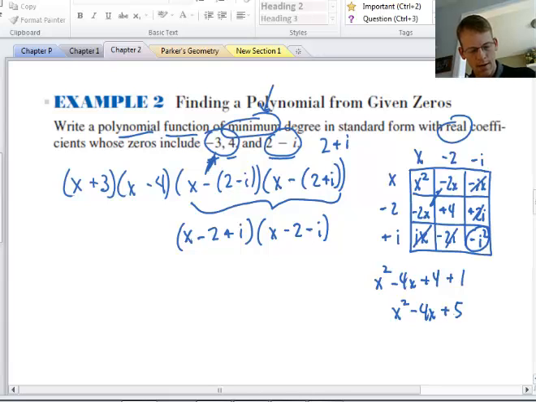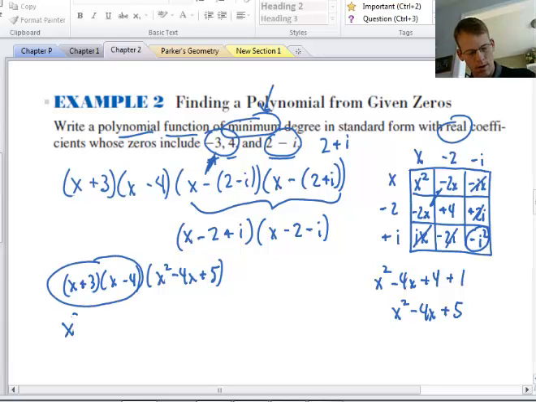Now I'm going to take that polynomial, and remember I've got x plus 3 times x minus 4 times x squared minus 4x plus 5. So I'm going to FOIL this one out, and I've got x squared minus x minus 12 when I FOIL that out, and I'm going to multiply by x squared minus 4x plus 5.